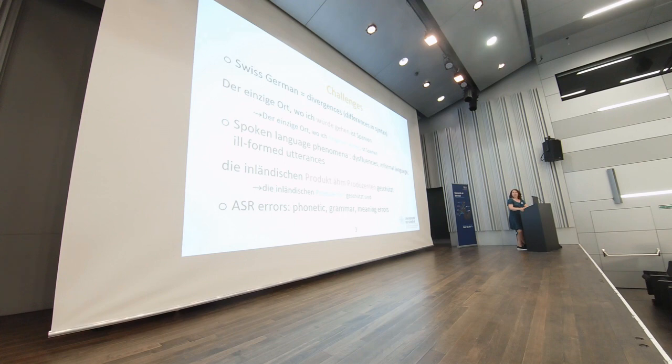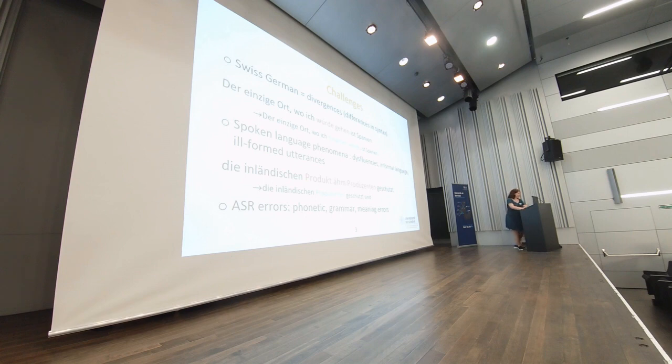Other typical errors that our system aims to correct are spoken language phenomena like disfluencies, informal language, and ill-formed utterances. Here you have a typical example where an "um" in the middle has been removed. And then finally, the third type of errors that we aim at correcting, though not always with success, are typical automatic speech recognition errors, like phonetic errors, homophones for example, or other meaning errors.